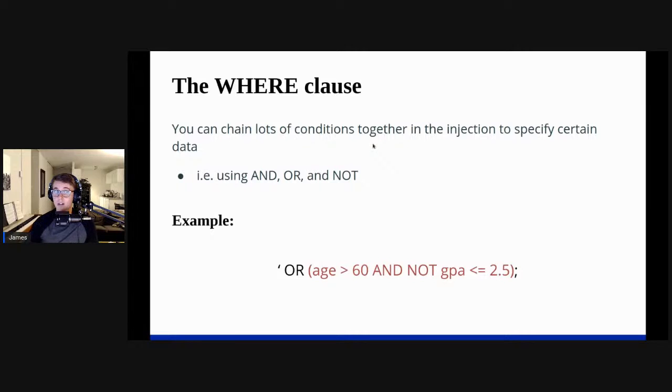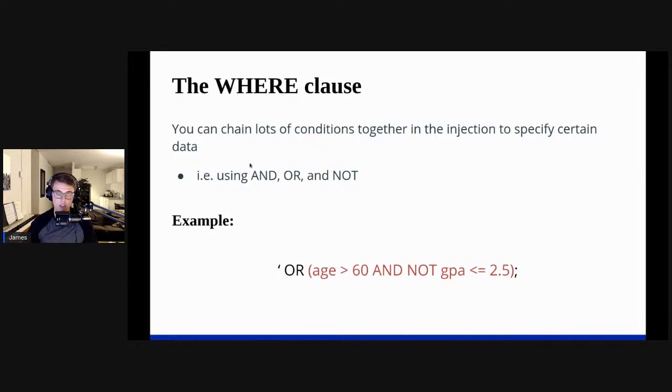Next, the where clause is a little bit more powerful, as you might have already seen. I'm just going to go through it quickly. In the where clause, you can chain lots of different conditions together in an injection to specify what data you want. If you've taken Philosophy 279, which I think all computer scientists have to take, the formal logic course, you'll know all about the and, or, and not operators.